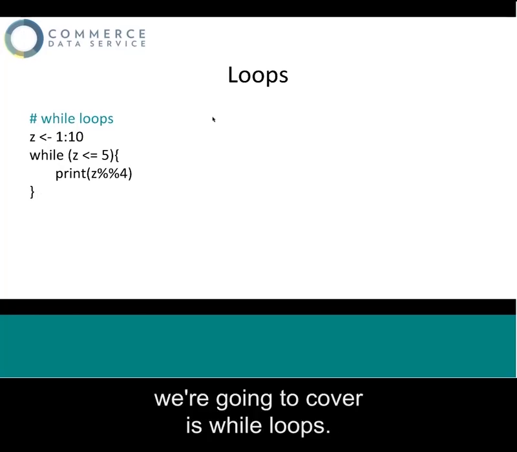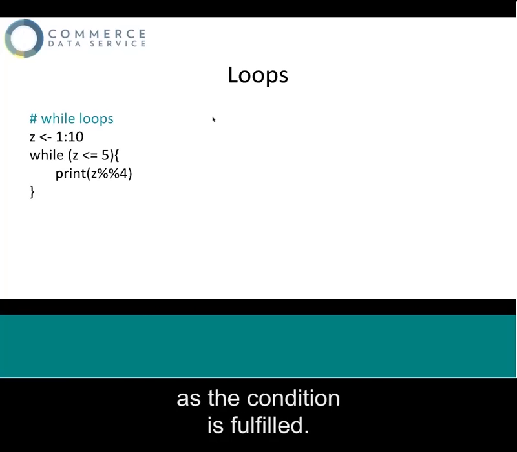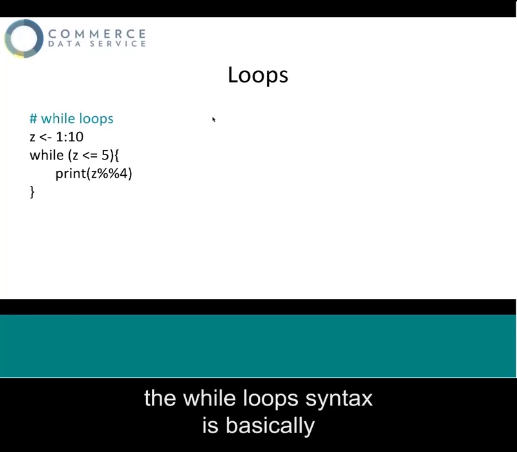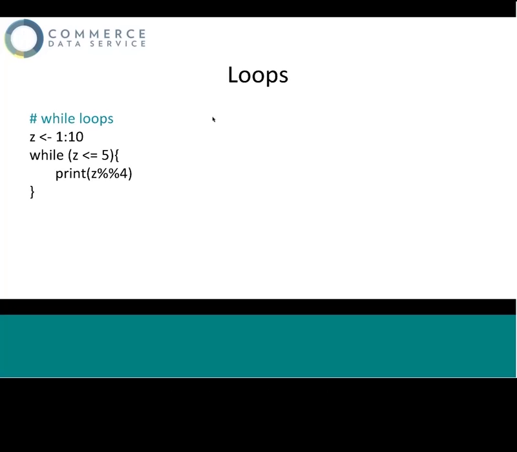The next loop we're going to cover is while loops. Sometimes we want to keep going so long as the condition is fulfilled. The while loop syntax is basically while that conditional statement, do that command in curly brackets. Here, I'm first defining z as 1 to 10.